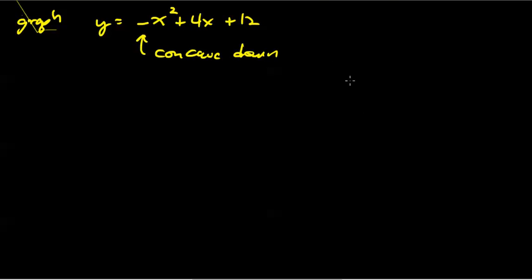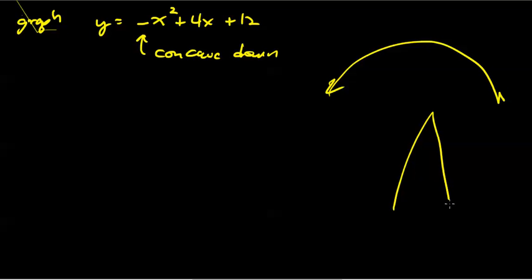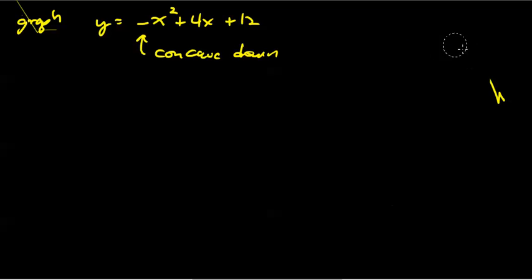So it's going to look possibly like this, possibly like this. The determination of symmetric points will give me an idea of how wide or narrow this parabola is. Okay? Alright, so we can expect, just from an inspection at first glance, that it's going to be a concave down parabola.